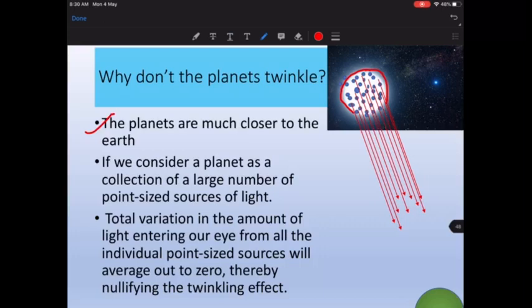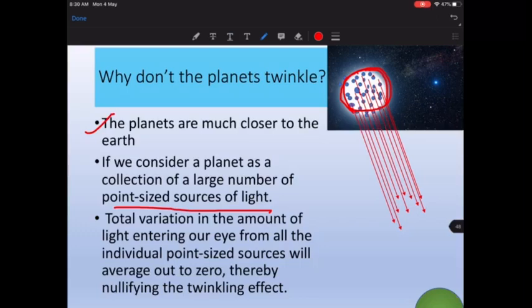In this case also, whatever light is coming from the planet is made up of small point size light sources. The entire planet can be considered as consisting of small point size sources of light, and these sources are giving out the light. And these lights are going to travel to the earth, right?